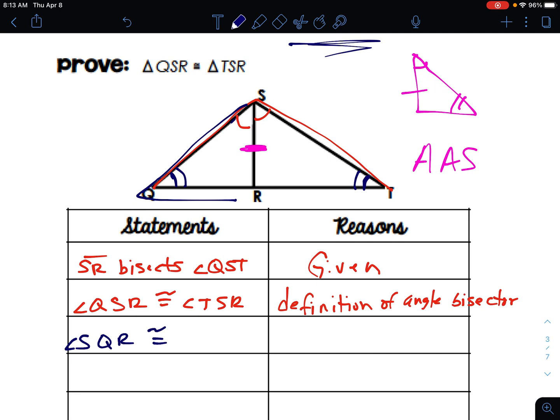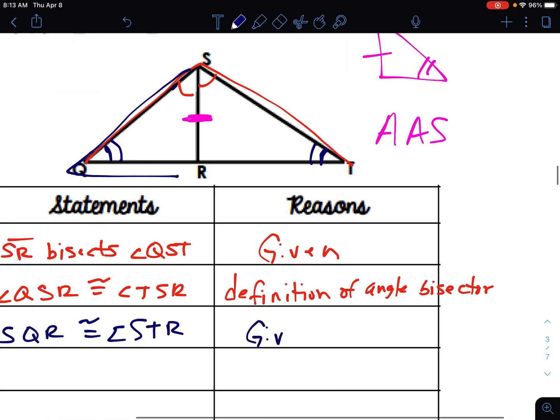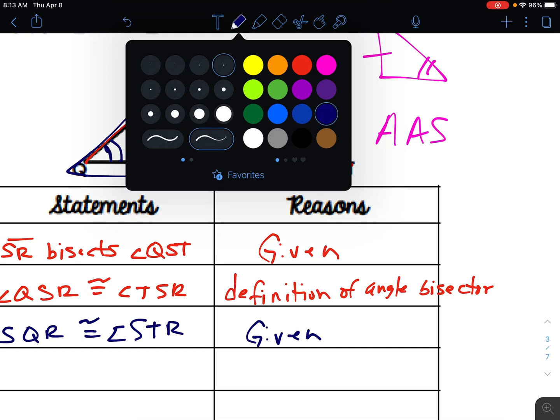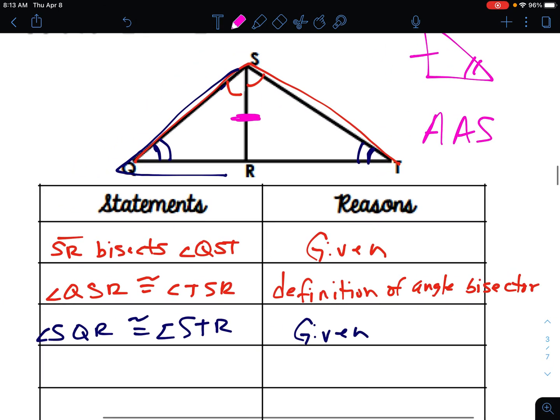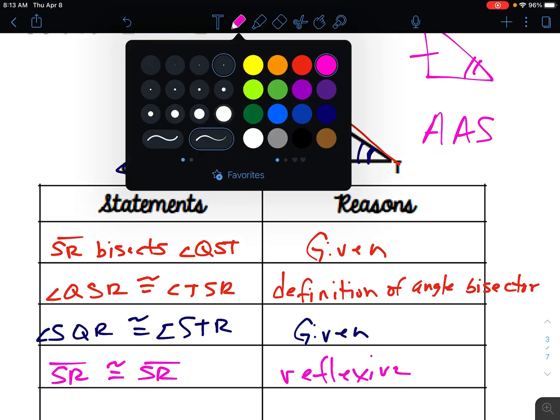Then we had angle SQR congruent to angle STR, right? Yep, and that was given. And then our buddy, the reflexive property, SR congruent to SR, and that is the reflexive property.